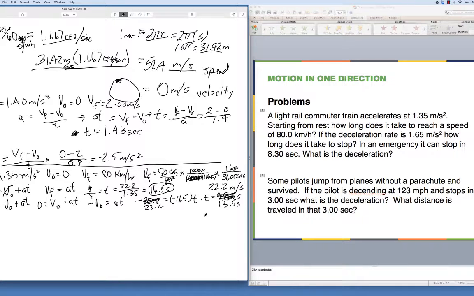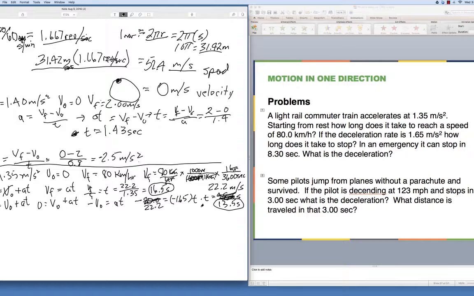I knew I messed up because this number was so much different than this number, and yet the acceleration and deceleration were very close together, so I knew I should get a number that's fairly close to 16.5. And when I got 48, I knew I'd messed up, so it's because I used the kilometers per hour instead of the meters per second.